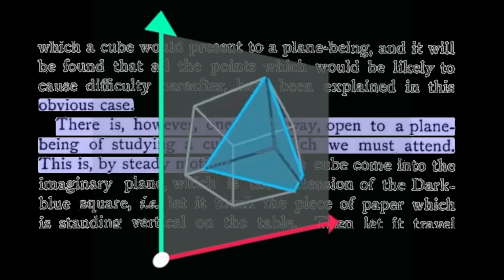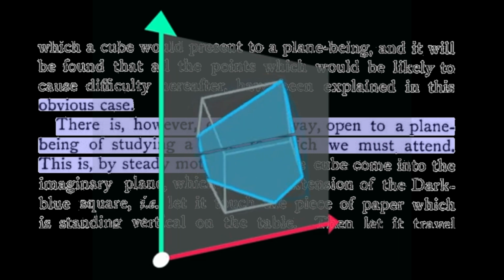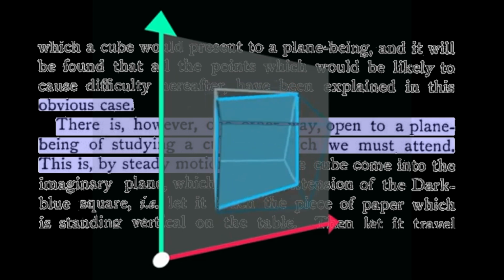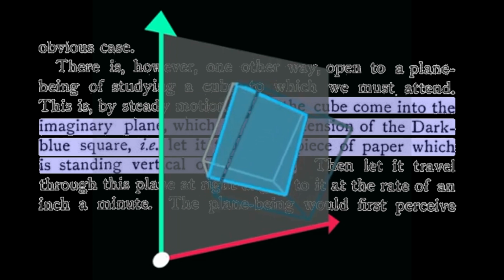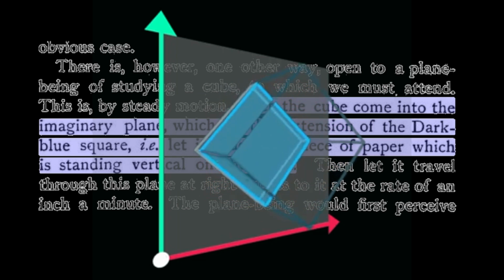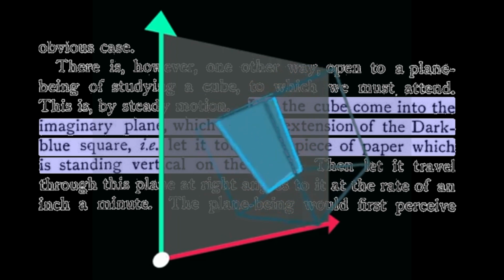This is, by steady motion. Let the cube come into the imaginary plane, which is the extension of the dark blue square, i.e., let it touch the piece of paper which is standing vertical on the table. Then let it travel through this plane at right angles to it at the rate of an inch a minute.